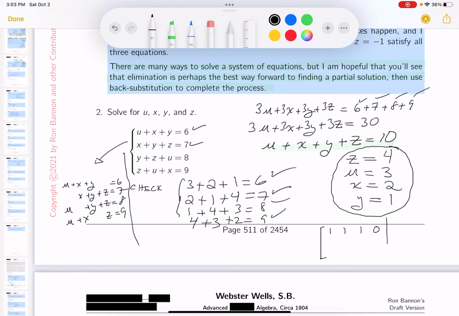You're going to put a line here, a 6. And then you're going to put down 0, 1, 1, 1, 7. Next row would be 1, 0, 1, 1, 8. The next row would be 1, 1, 0, 1, 9.